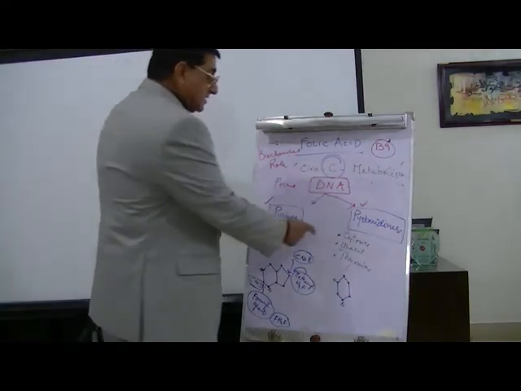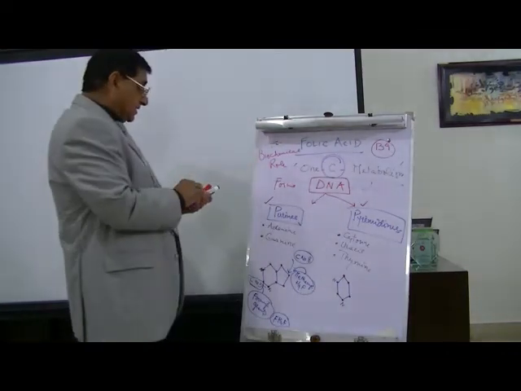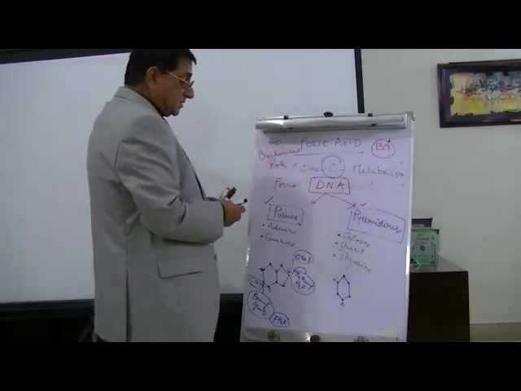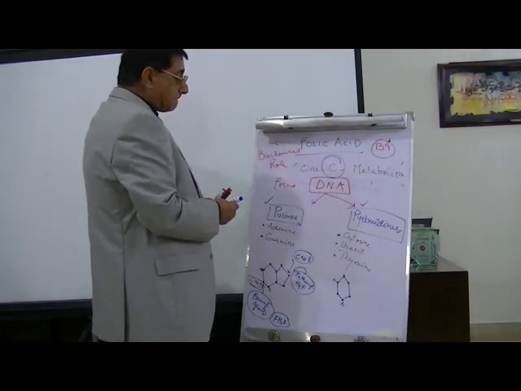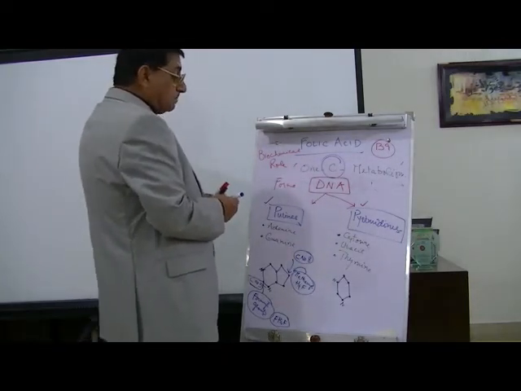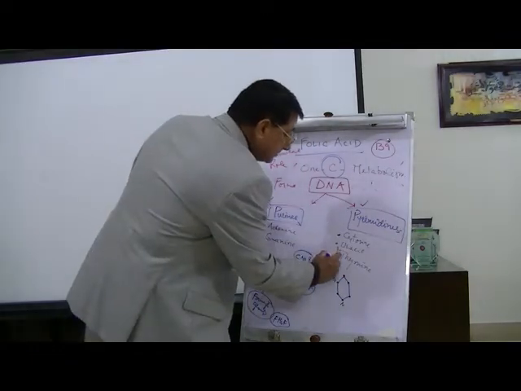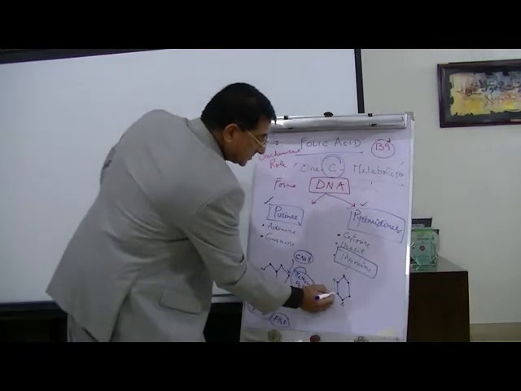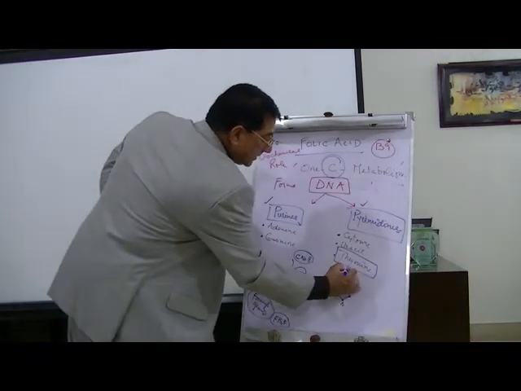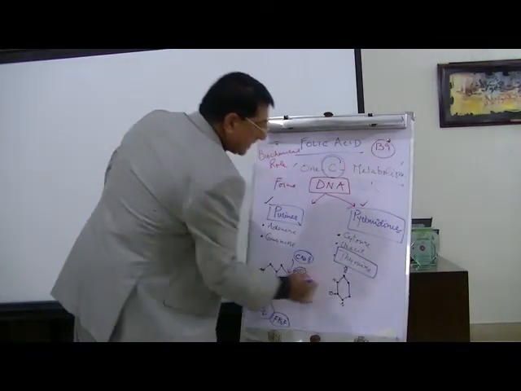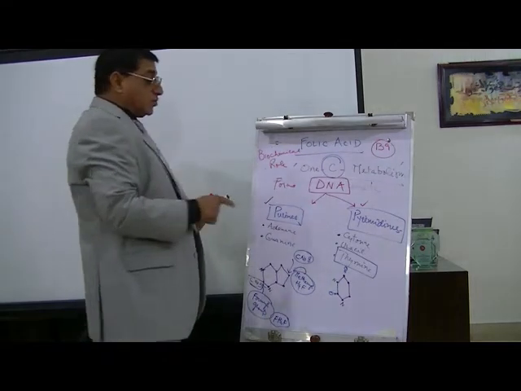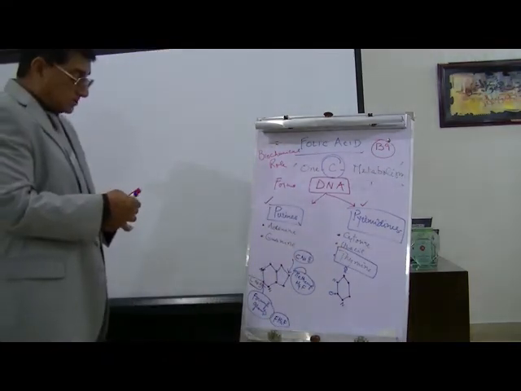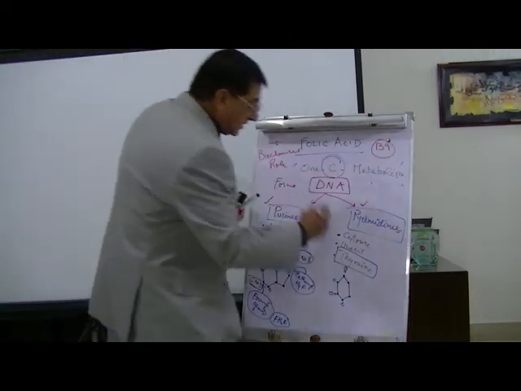Similarly, on this side, it has an importance in the formation of pyrimidines, especially thymine. Now, this is the structure of uracil. For it to be converted into thymine, you must have a methyl group, CH3, over here.